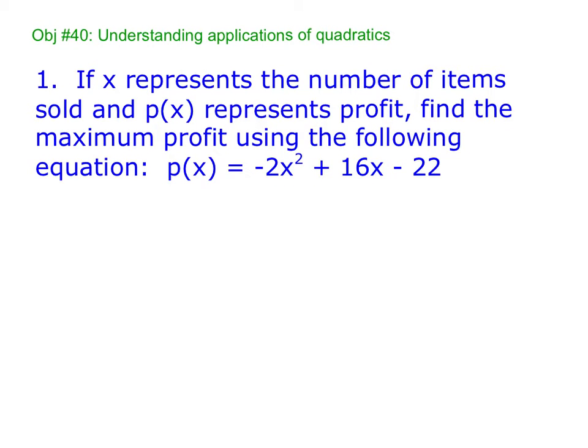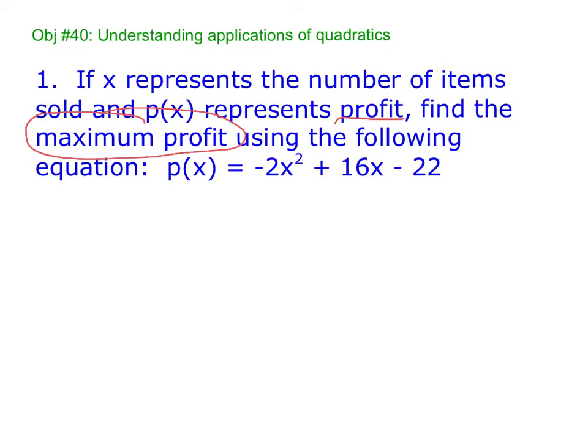Okay. Make sure you can use your calculator for these. All right, if X represents the number of items sold and P of X represents profit, find the maximum profit of the following equation. So, maximum profit. Think about this equation, right? What's that an equation of? It's a parabola.